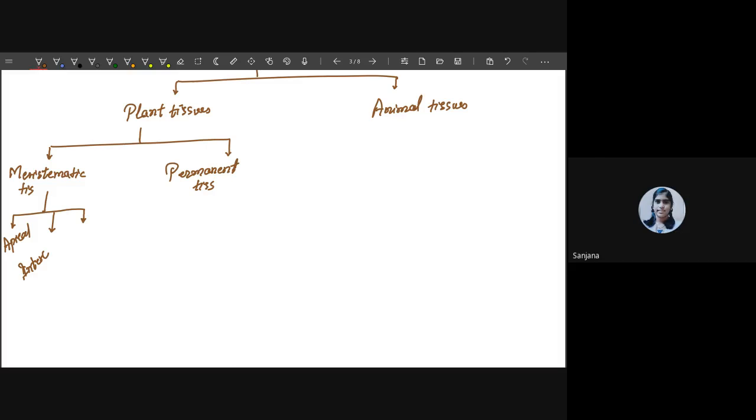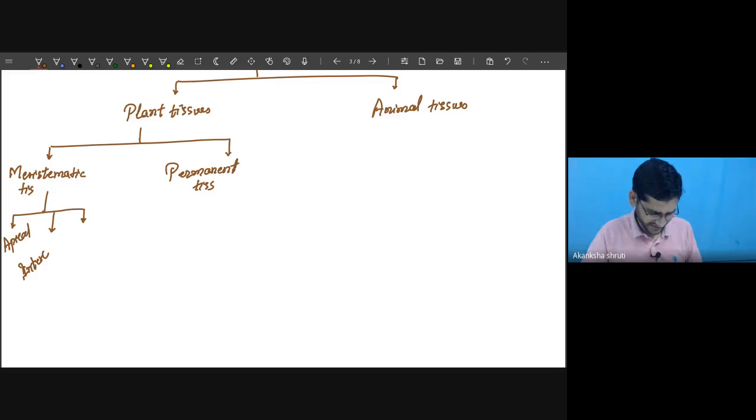The last one is lateral. These are the broadly three kinds of meristematic tissues, meaning the growing tissues, where they are found. Those things we have to learn.